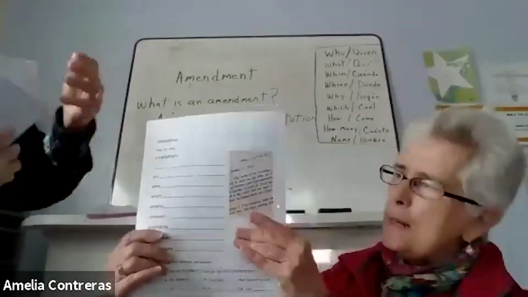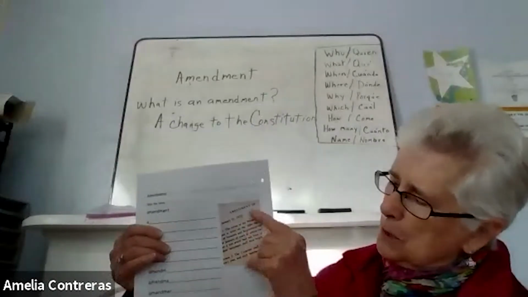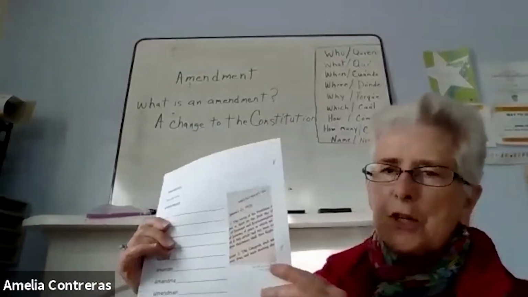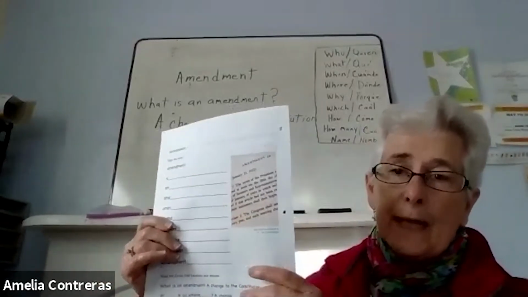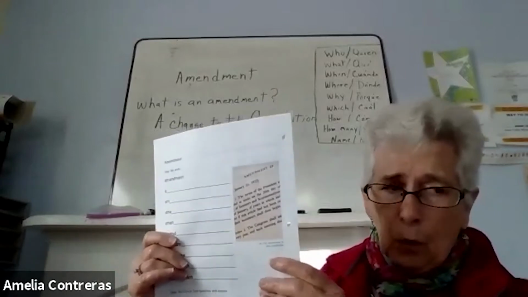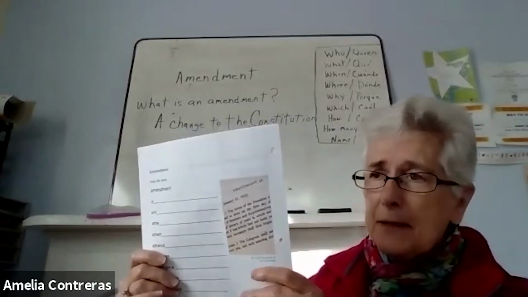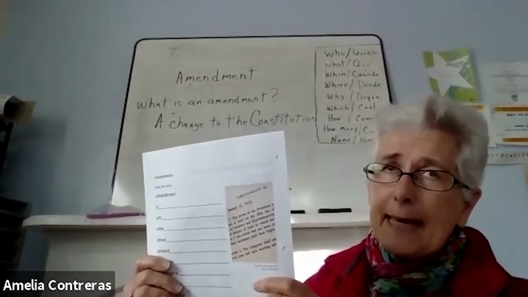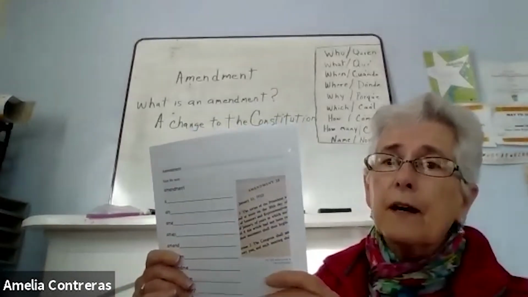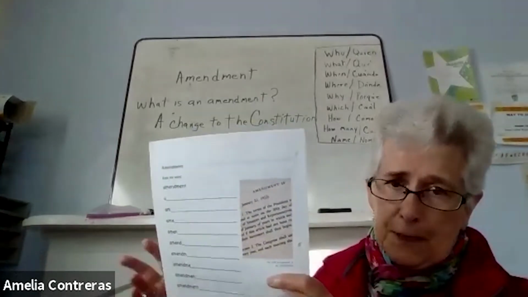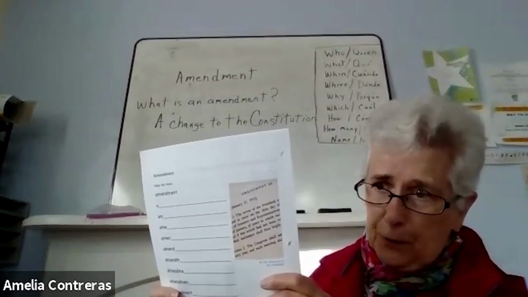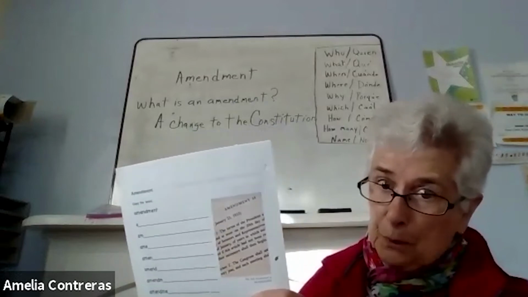On that same page, there's a little square here that shows part of the 20th Amendment, just as an example of what an amendment is. In this amendment, it's saying that the president can only have 2 terms of office. Before that, Franklin Delano Roosevelt had 4 terms of office.